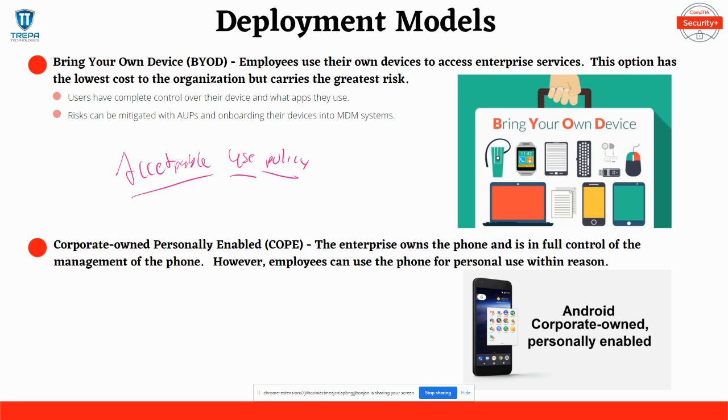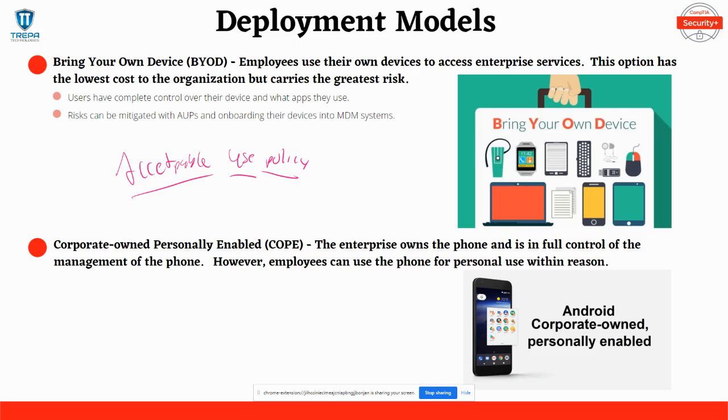And then we have COPE, the corporate owned personally enabled device policy, gives the organization the most control over user devices. However, this is a more expensive solution. Employees will still be able to use the phone for personal use.